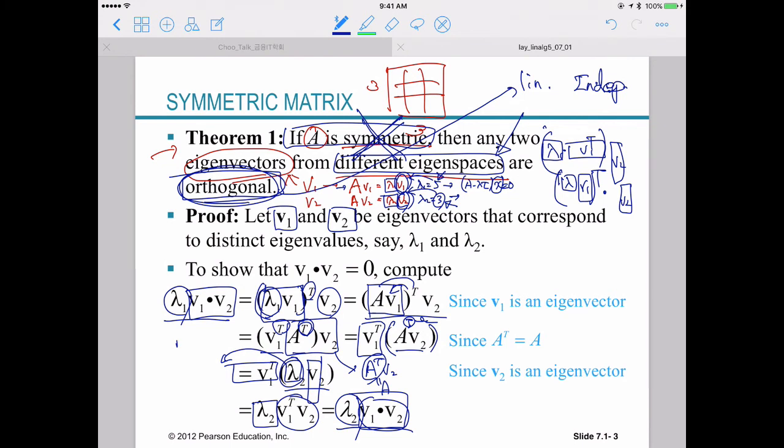These two eigenvectors are always linearly independent for a general matrix A. But if your matrix A is symmetric, then they are not just linearly independent, they are actually orthogonal to each other.